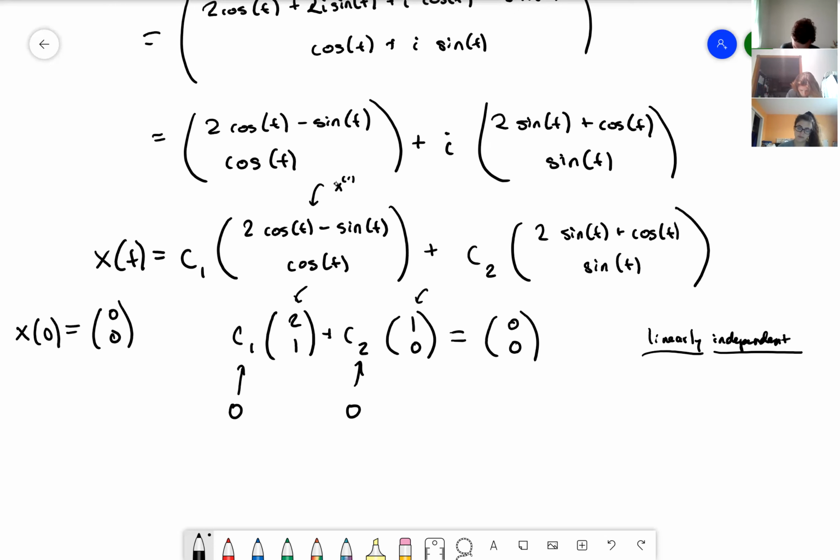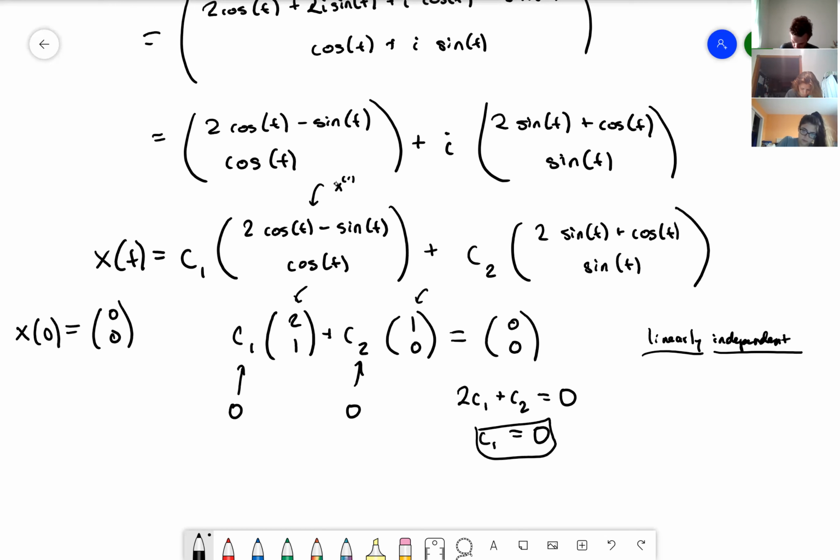So if we look at this, are these two things in fact linearly independent? There are a lot of equivalent ways to figure that out. One way is to form the system: 2C1 plus C2 is equal to 0, and 1 times C1 plus 0 times C2 is equal to 0.